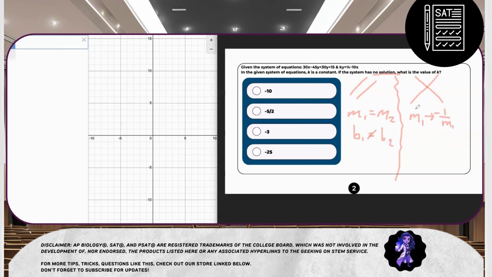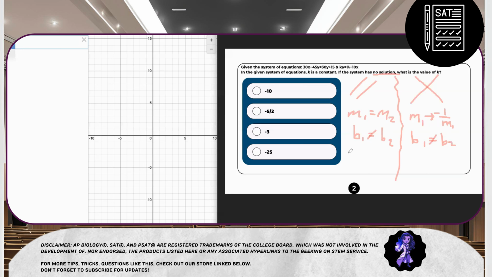If the slope of the first line is a positive M1, then the second slope is going to be negative 1 over M1. So that's something to note. And in this case, B1 does not matter if it equals B2. It's irrelevant. It's not a key factor that you're looking for, but it's something to note.